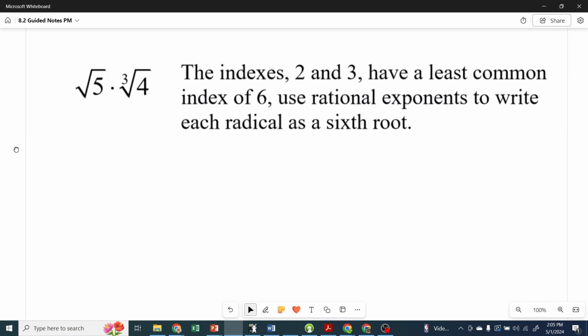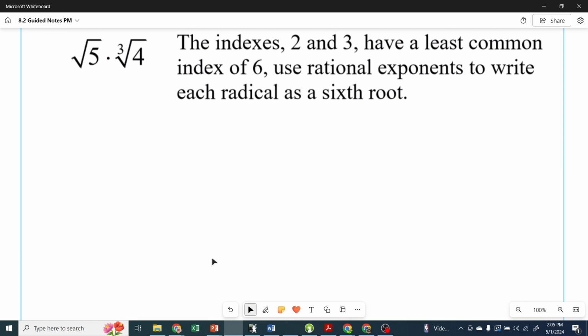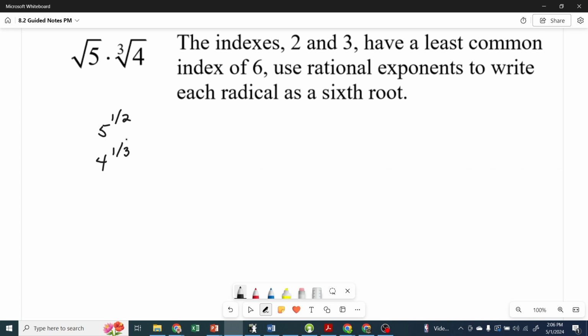But now I'm going to show you this, though I'm not going to put this on any tests, but I think it's important. We know that this is 5 to the 1/2 power, and this is 4 to the 1/3 power. If we can get these to be equivalent values on the index, we can combine them.